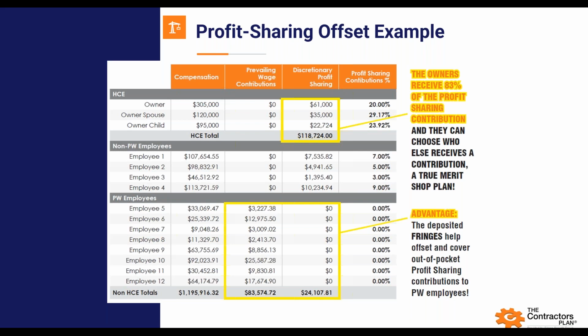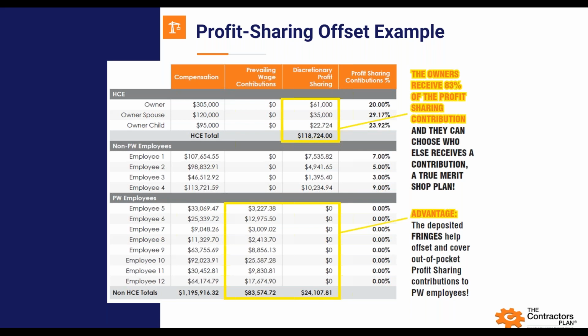Then you have non-prevailing wage employees. Let's look at employee 4 in this example. You've got a $113,000 employee. They're maybe your most successful employee, but they're a former felon. And therefore they can't get on the military base where you do a lot of work because they can't get a security clearance. Well, now you can reward that employee because they're a great employee with a pretty significant profit sharing contribution because that employee is valued and they're not able to do prevailing wage.